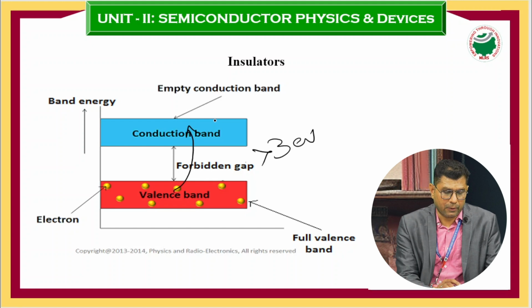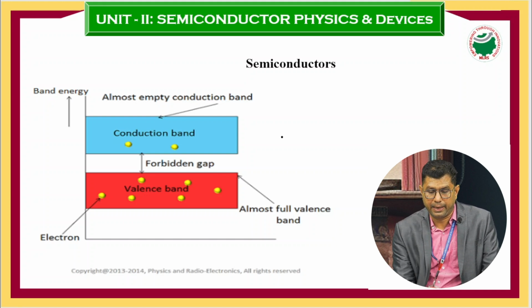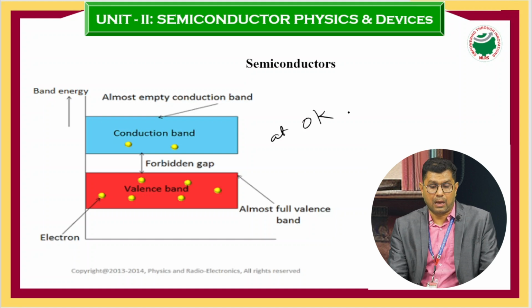The next type of materials are semiconductors. The name itself says it: semiconductors are partial conductors. Sometimes they act as conductors, at other times they act as insulators. Suppose you consider 0 Kelvin: all the electrons are bound to the valency band, so it acts as an insulator.